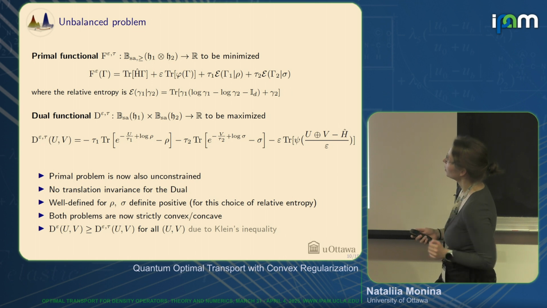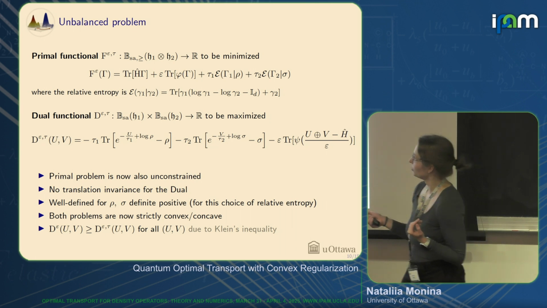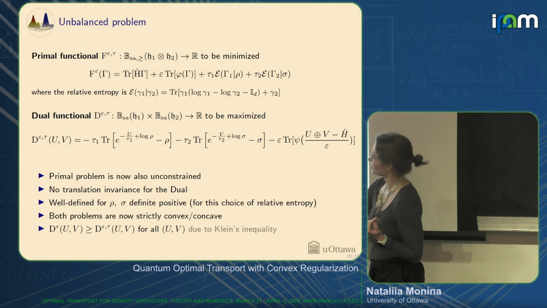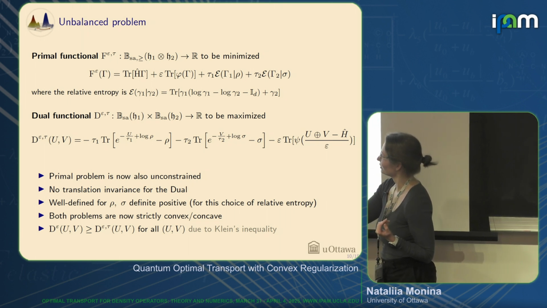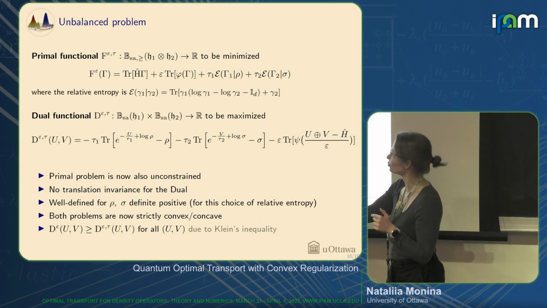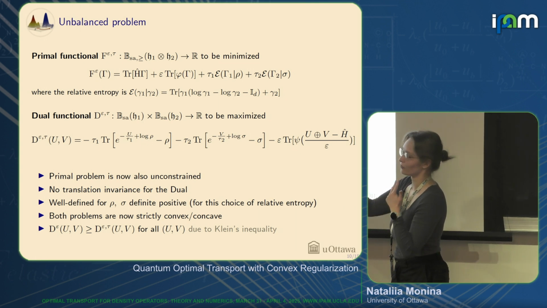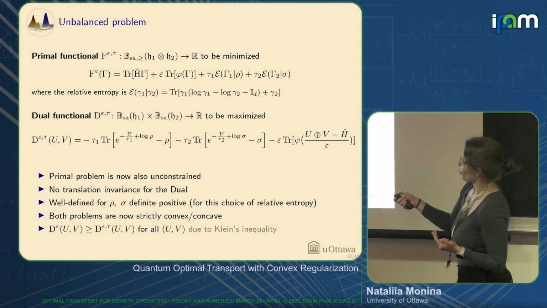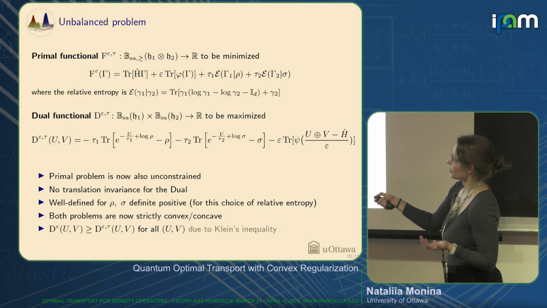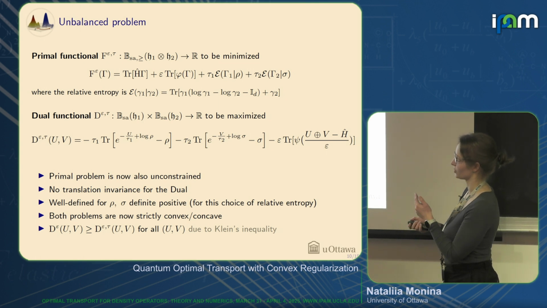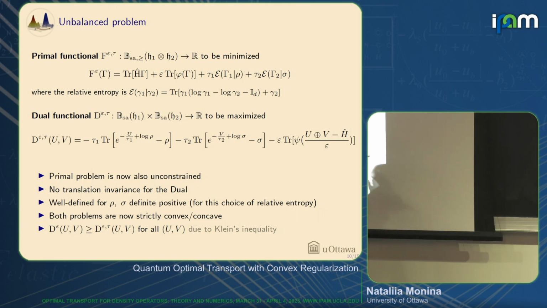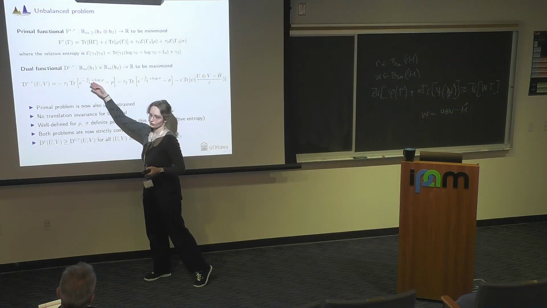So the interesting part happens in the dual, because in the dual we get this part that is epsilon times the exponential of something plus log of rho. This is very different from, let's say, the dual functional in the classical unbalanced case, because there we can separate the exponential of something plus log of rho.